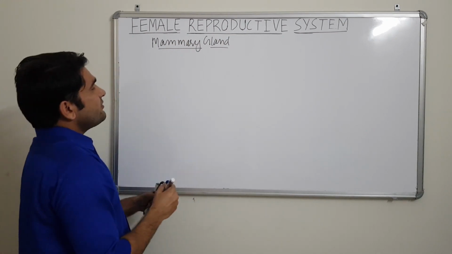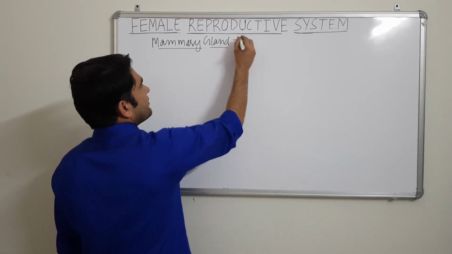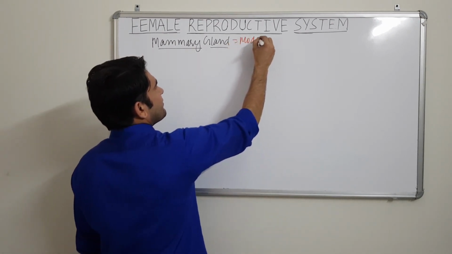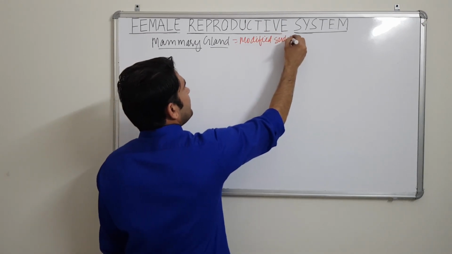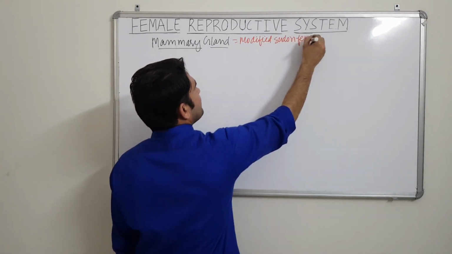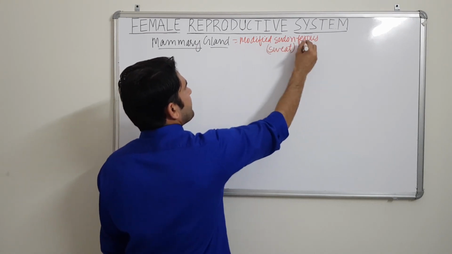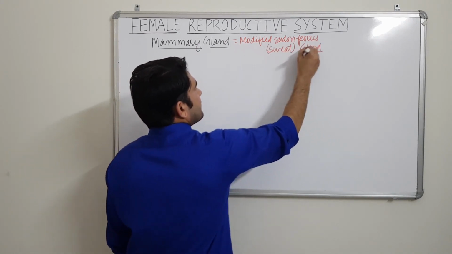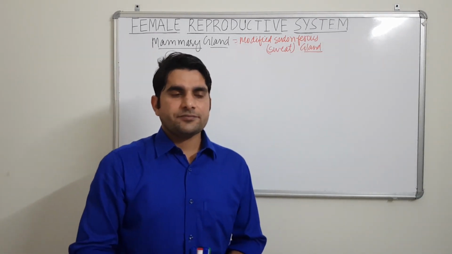The very first statement, mammary glands are modified sweat glands. Sweat stands for sudoriferous. Sudoriferous gland, or in bracket I am mentioning sweat. Mammary gland is a characteristic feature of all mammals.